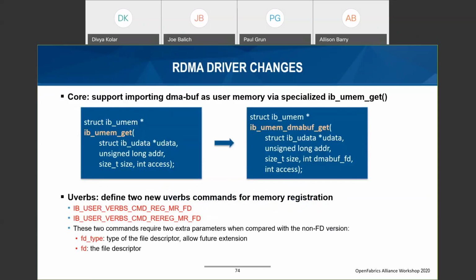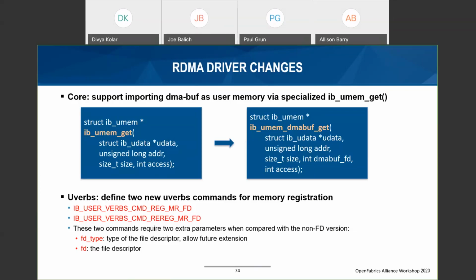So basically, in the memory registration path, IB umem get is called to pin the pages and get a list of DMA addresses. For the DMA-Buf, we need to use a specialized version. That version has an additional parameter to pass in the DMA-Buf file descriptor down to get all the information needed.